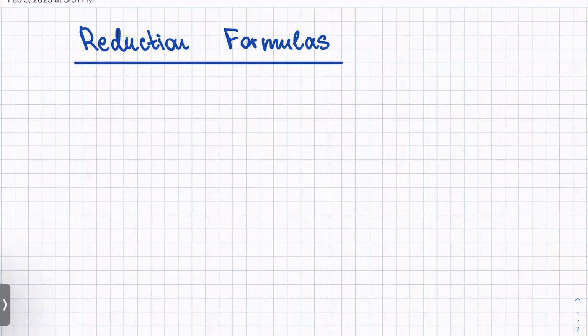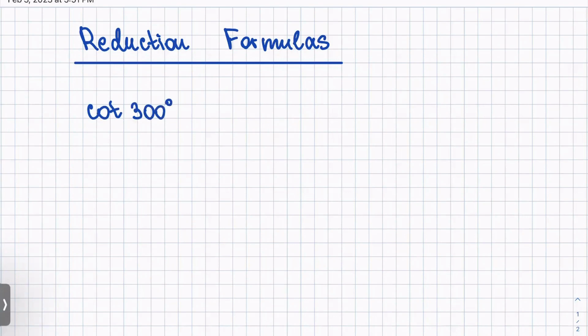So what are the reduction formulas? The trigonometric reduction formulas help us to reduce a trigonometric ratio to a ratio of an acute angle. If the acute angle is a common angle, this technique helps us to find the ratio. For example, imagine that you are given cotangent of 300 degrees.